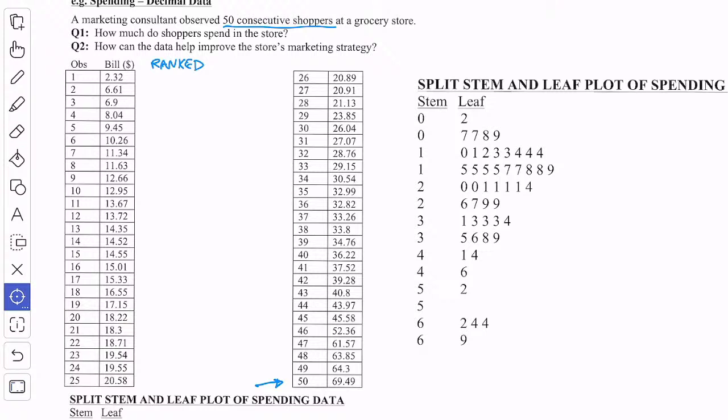I've described stem and leaf, but what happened to the decimal places? Does anybody know? Okay, so you guys see that.